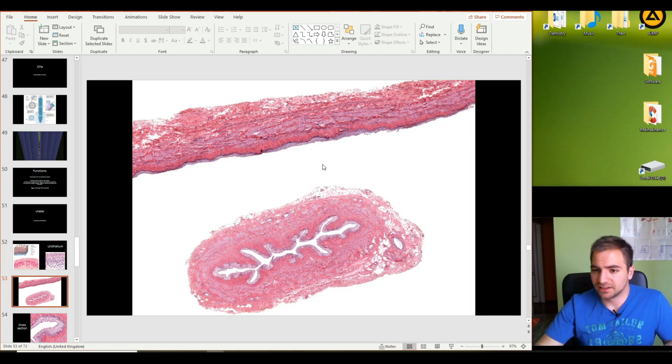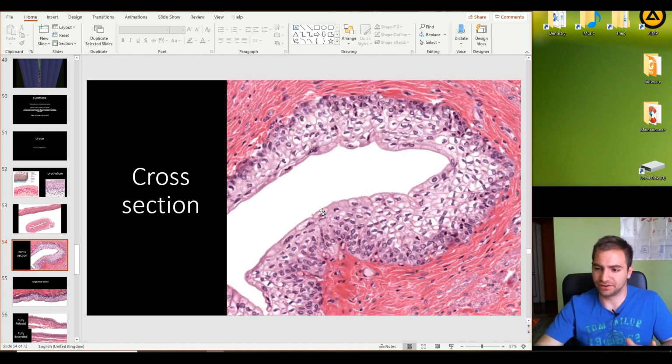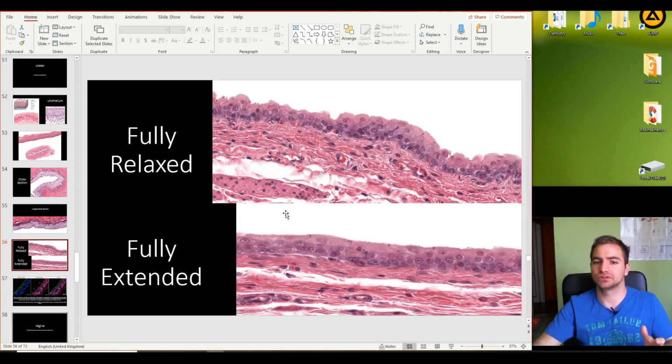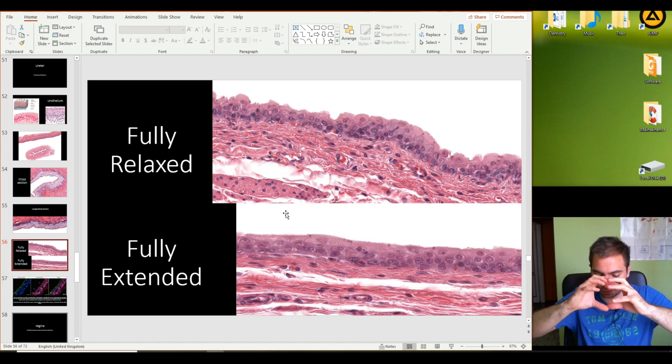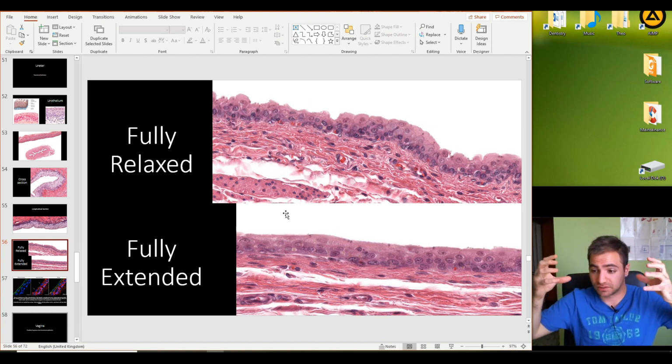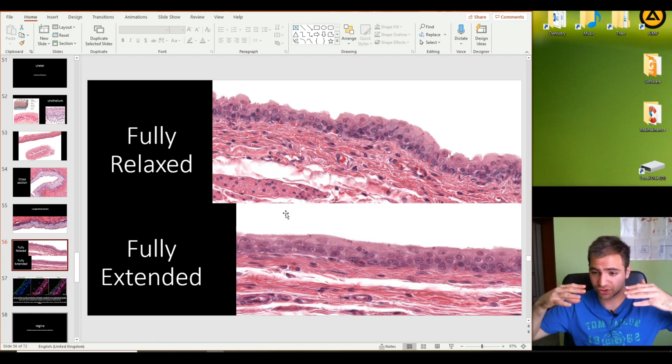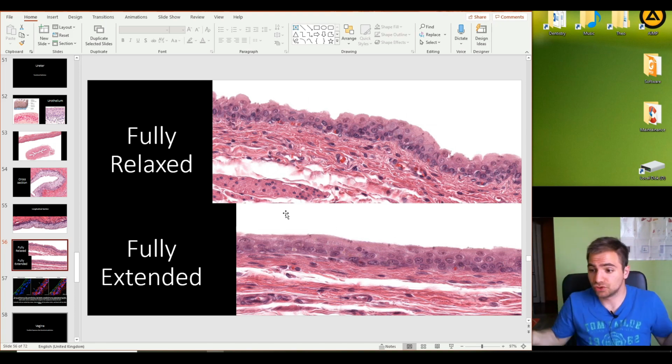You will find this structure of the ureter in 2 different forms. When there is urine present, it's going to be compressed, which makes sense because the urine takes up space and compresses the structures surrounding this tube, which is the ureter.